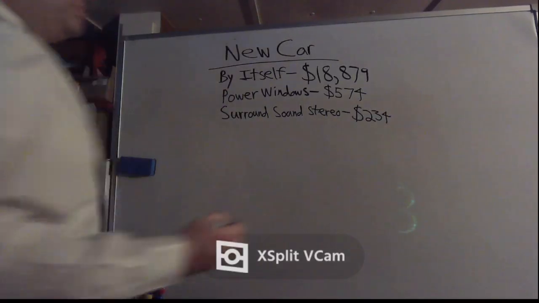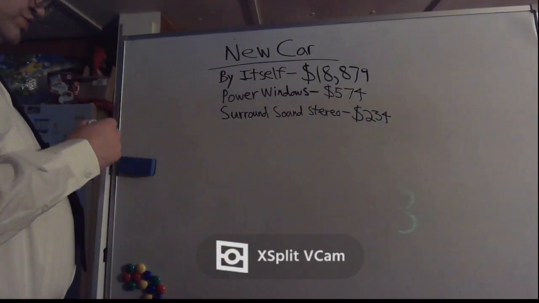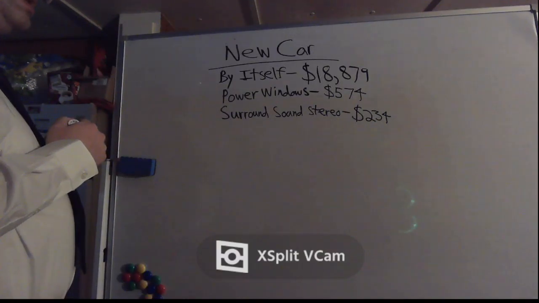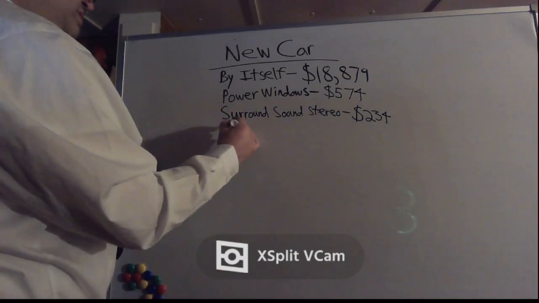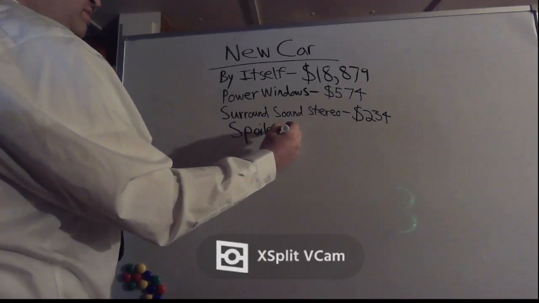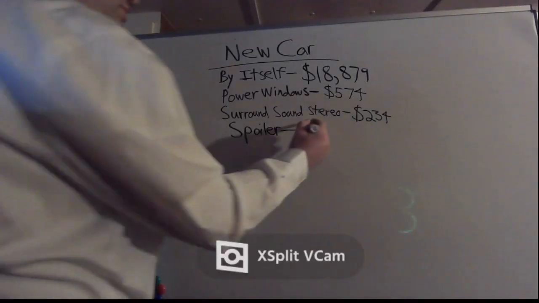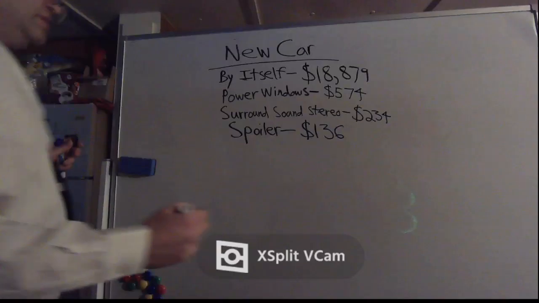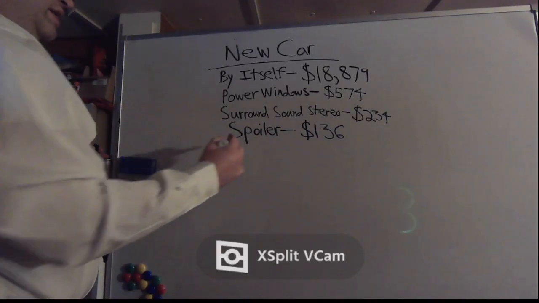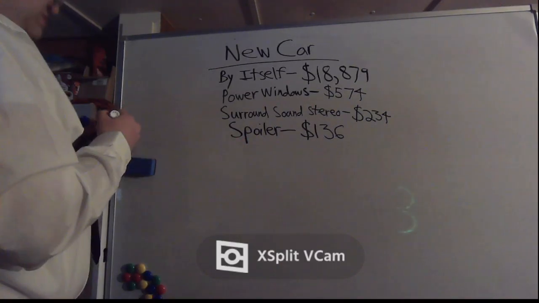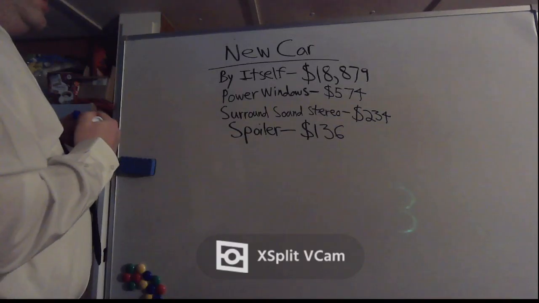I'm just making this up, but these probably aren't off the mark too much, especially in this economy. Would you like a spoiler on the back of the car? Well, that's going to run you another $136. I think that's good enough. We could go on and on with modifications.